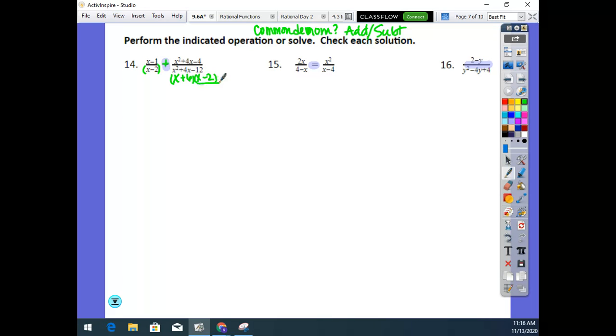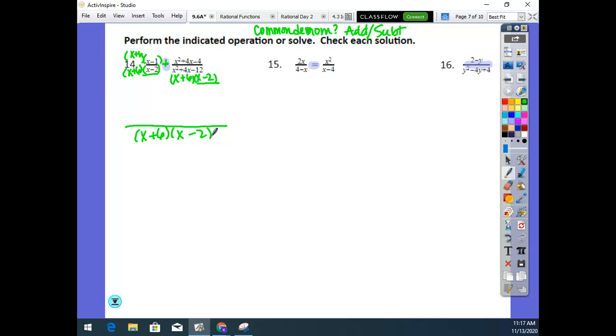So notice they have a common factor of x minus 2, but this one needs a factor of x plus 6. So I'm going to multiply top and bottom by x plus 6. Then that will be my common denominator, x plus 6, x minus 2.